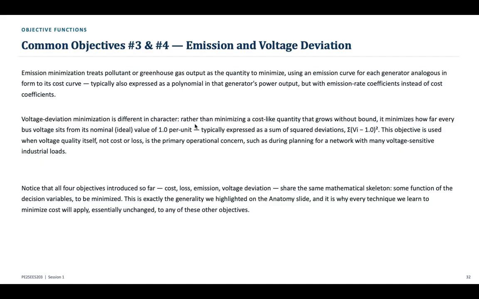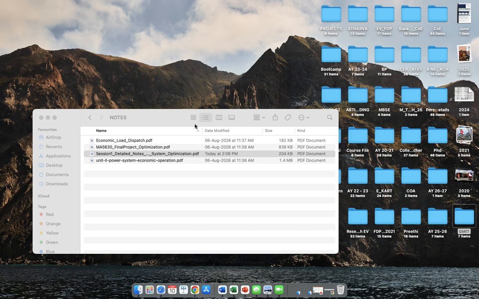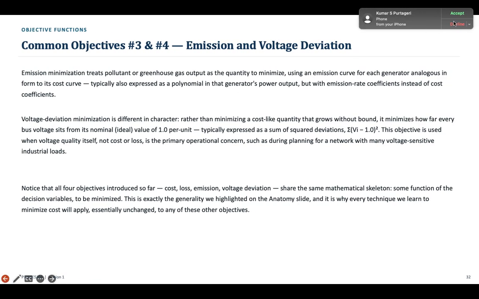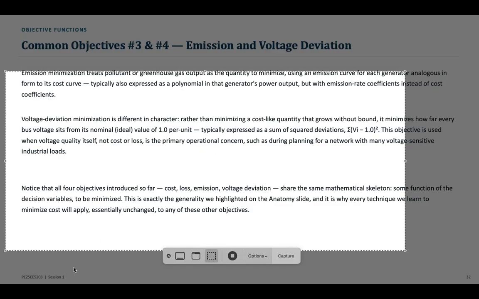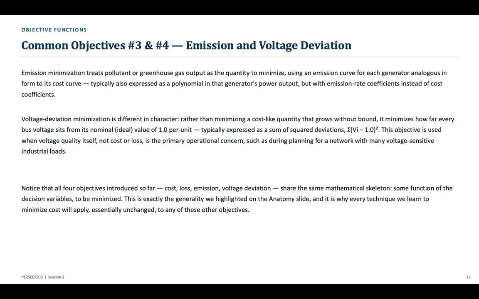For each generator, analogous in form to the cost curve, it is typically also expressed as a polynomial in that generator's power output, but with emission rate coefficients instead of cost coefficients.